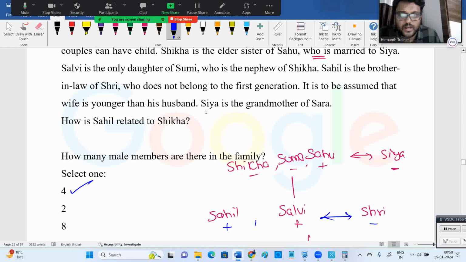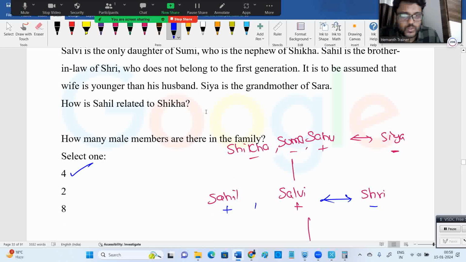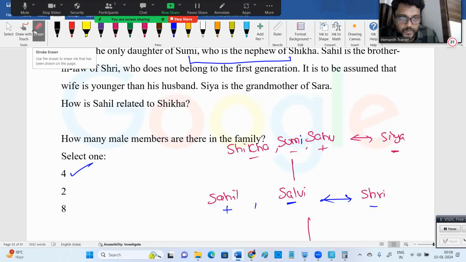Salvi is the only daughter of Sumi. Okay, wait. Sumi is the nephew of Sika. Wait, here it's all gone. Salvi is the only daughter of Sumi, who is the nephew of Sika.